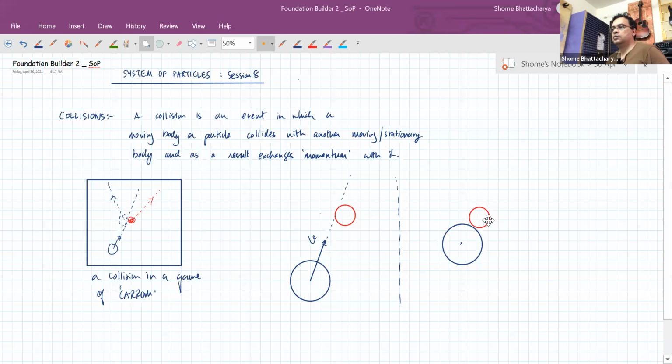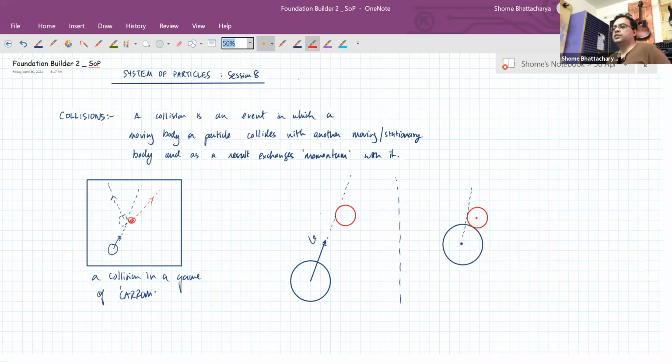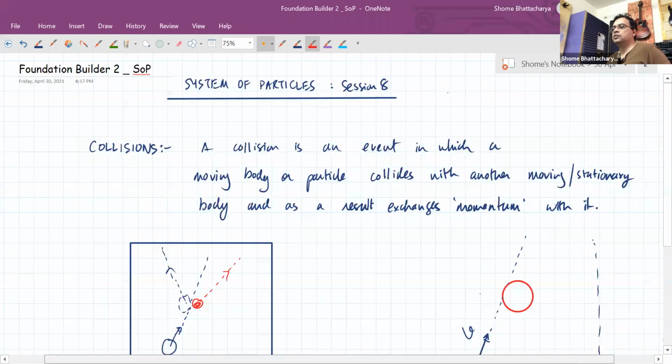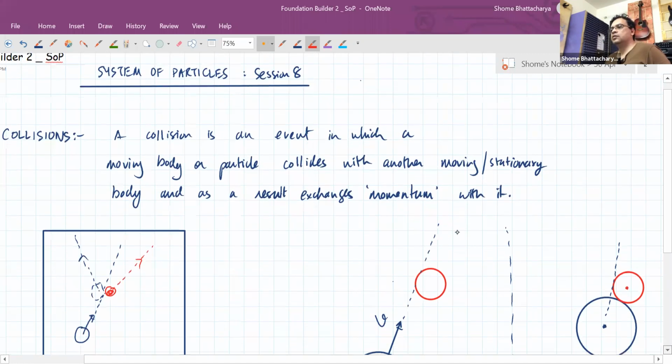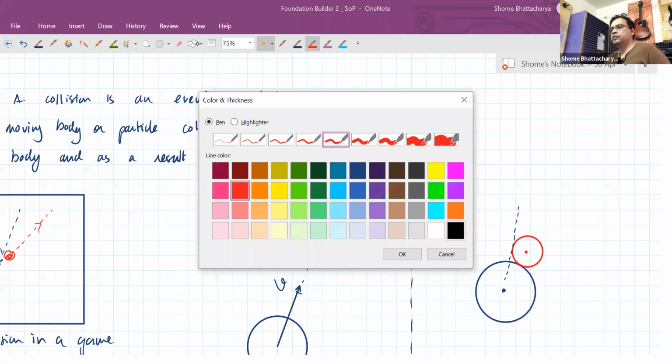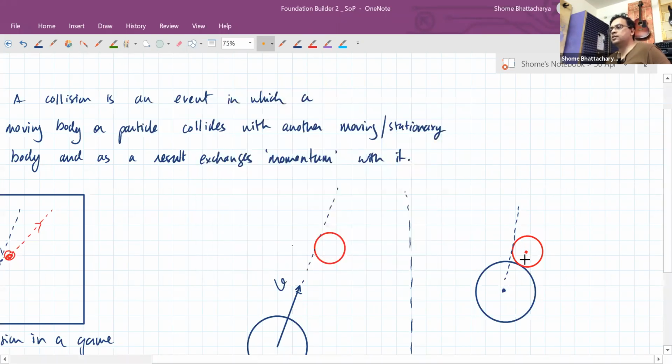Just a moment. Just have to share the screen again. Yeah. So this one's velocity vector would have been along this sort of a line. But when they come in contact, there is force acting between them. There's contact force acting between them. So as they come in contact, this one will be pushing that one with what we call a collision impulse force, which will act along this center to center line.